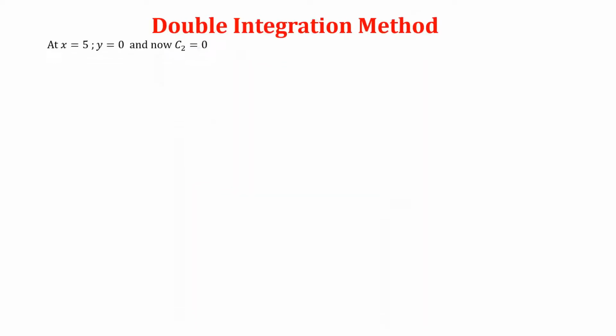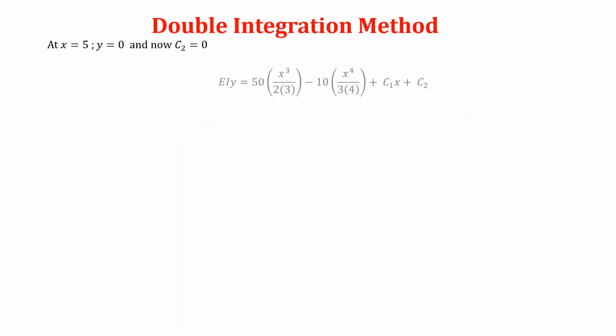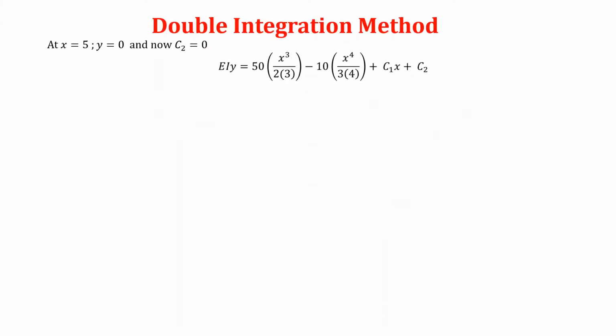Okay? Next. How about when x is 5? Why x is 5? Because the total length of this is 5. So when x is equal to the total length, which is 5, we substitute again in the deflection equation, since it's y that we are using. You do not substitute in the slope equation because that is y prime.